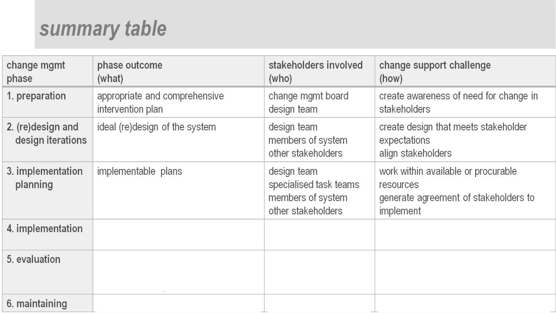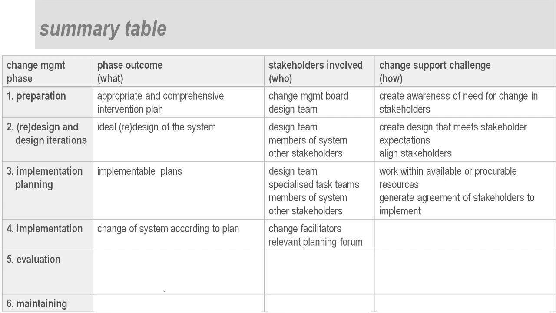The fourth phase is the implementation phase, and the outcome of that is the actual implementation of the change according to the plan. The stakeholders involved are the change facilitators and the relevant planning forums that are involved in the change.